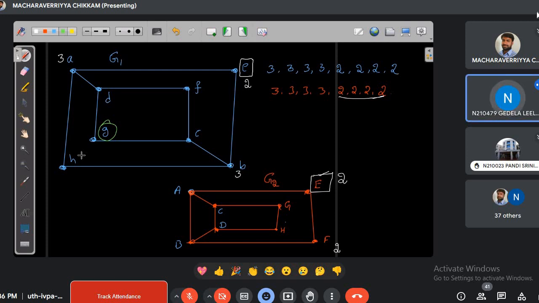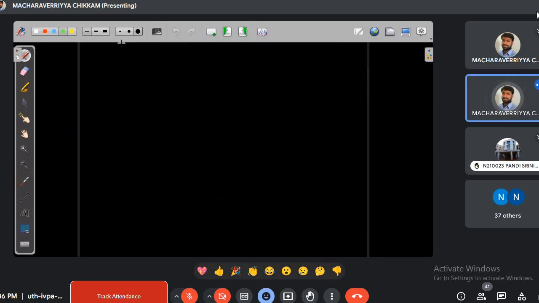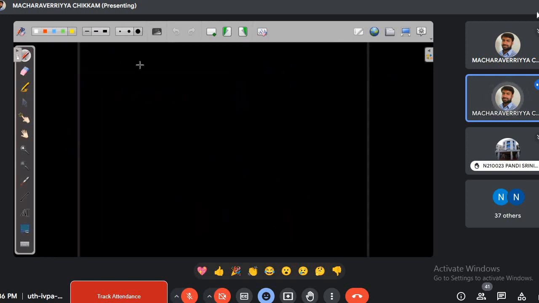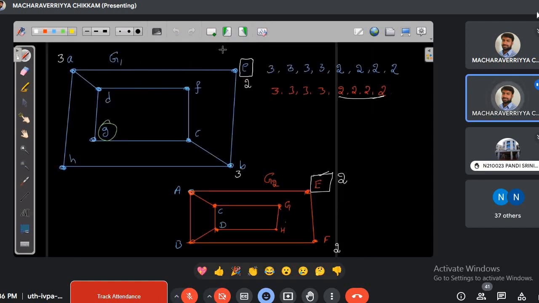H, sir. Okay, so let us try to think about an isomorphism here. So you are mapping small e to capital G, all right, and small g to H. Okay, what else?